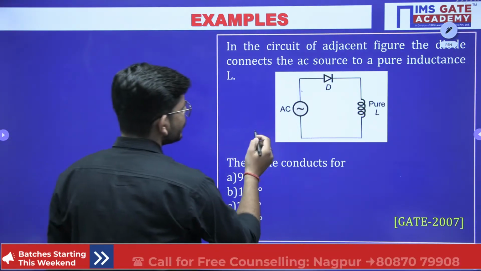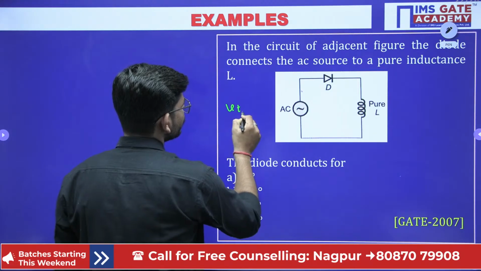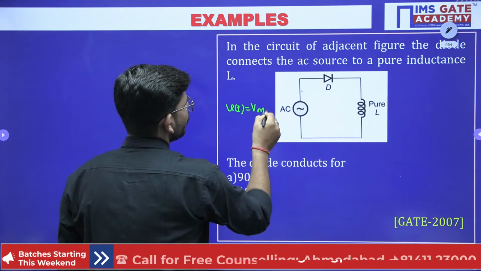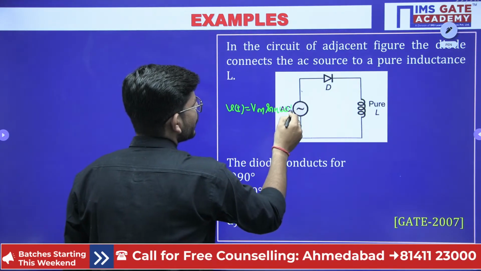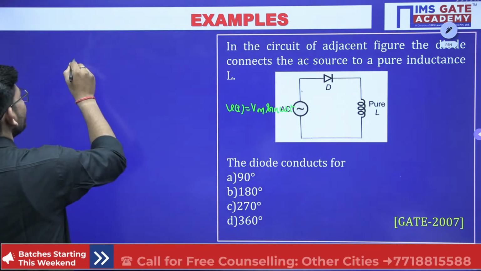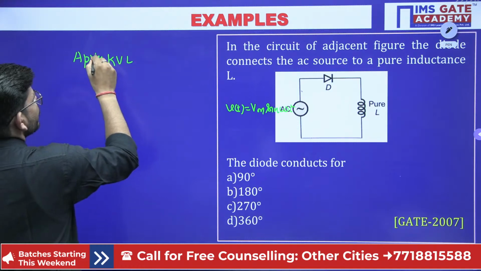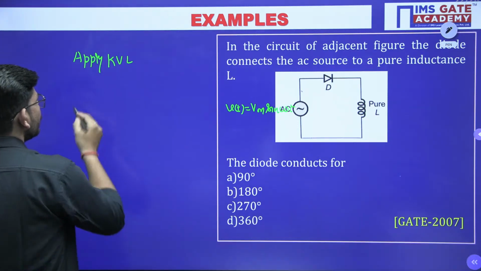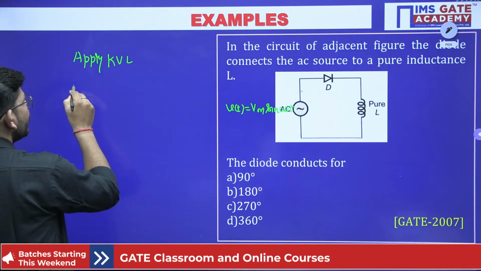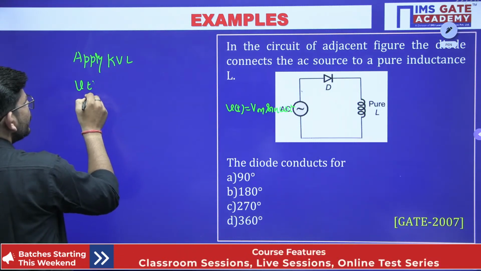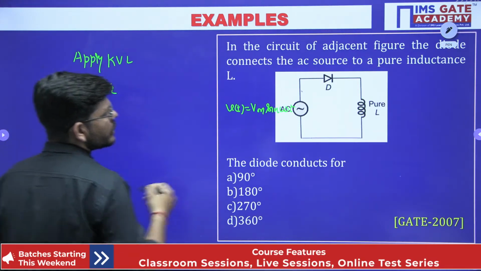So this is an AC source. If this is an AC source, then Vt will be Vm sine omega t, isn't it? If I apply KVL here, let's consider the diode is on. Then this VT voltage will be equal to the VL voltage, isn't it?